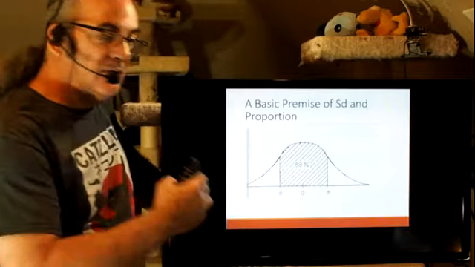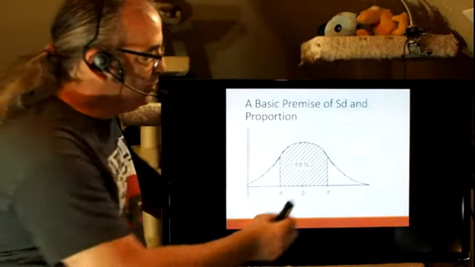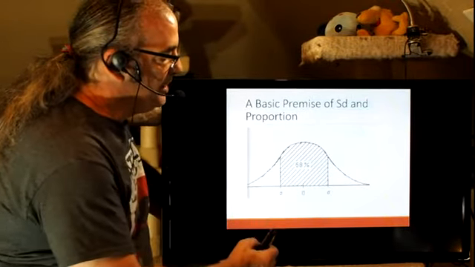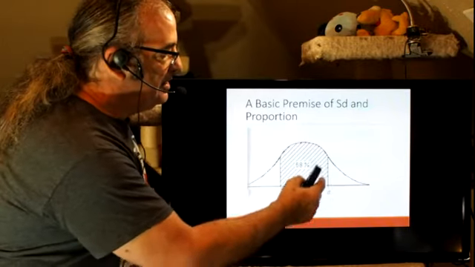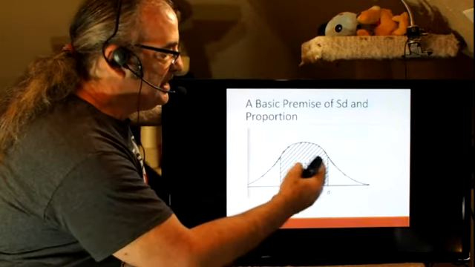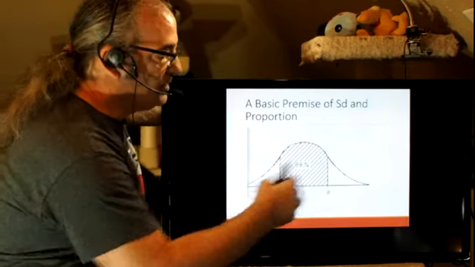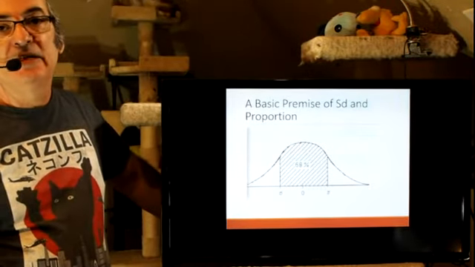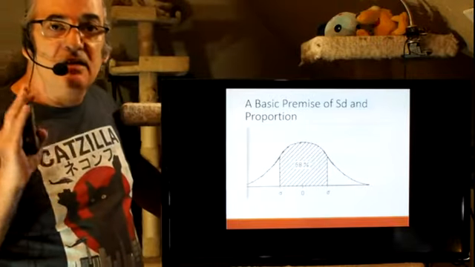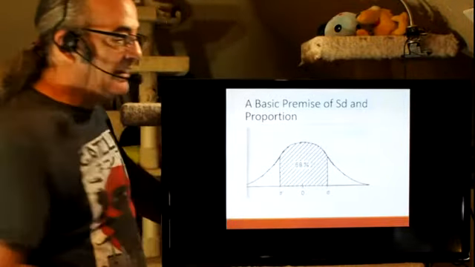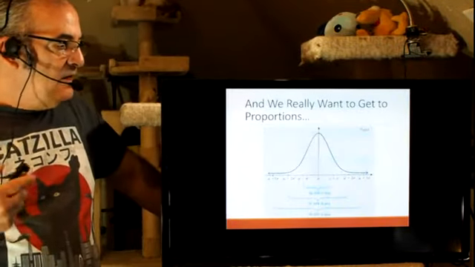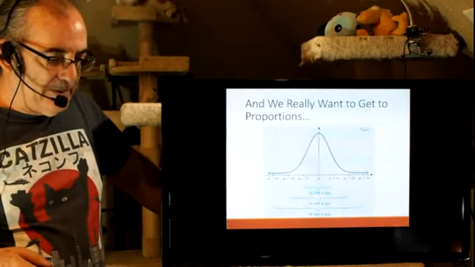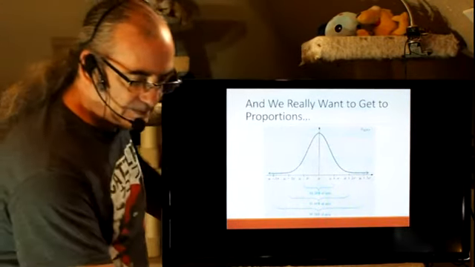If we need people who score at least 1 standard deviation above the mean, then we know what part of our sample in the past scores at that level, and that gives us an idea, working backwards, of how many applicants we need to bring in to get the number of people we want who score at that level. So it's about proportions, and we want to be able to get to proportions.